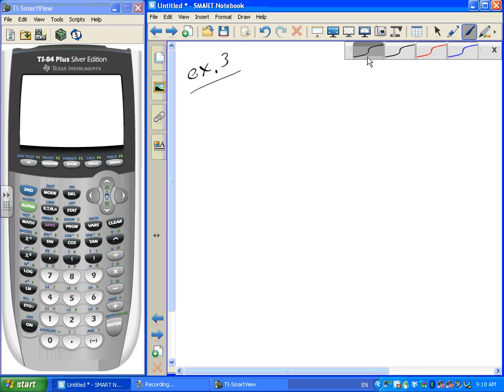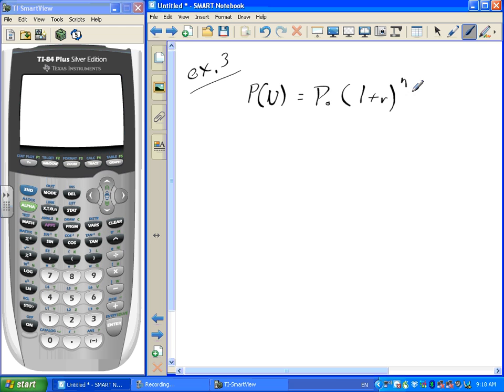So, first thing I'm going to do is I'm going to rewrite my formula. Population now is equal to the initial population multiplied by 1 plus the growth rate to the power of the number of periods. Since we're in the year 1950, that's going to be our initial population.